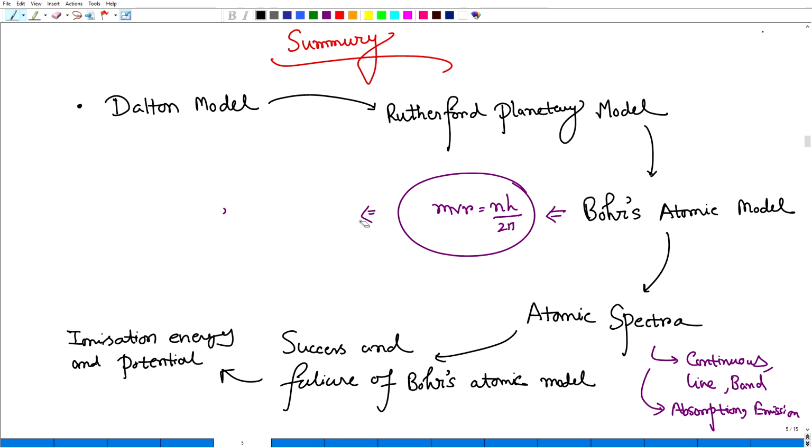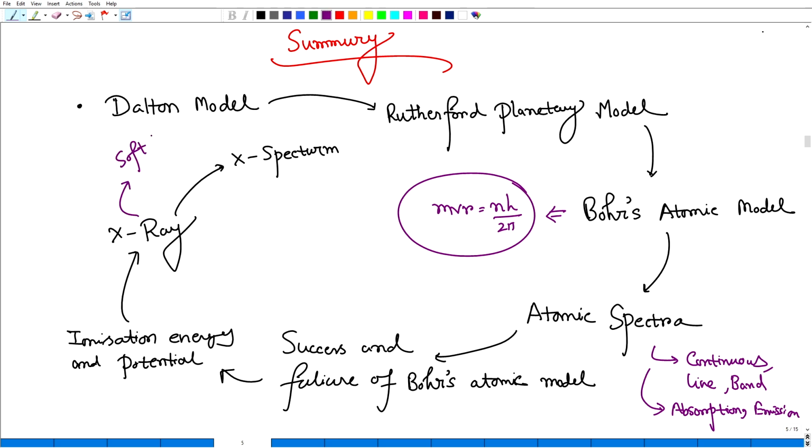That was also discussed, and at last we came to the X-rays part. We discussed the X-ray spectrum, and also the soft X-ray and hard X-ray. This is also important.